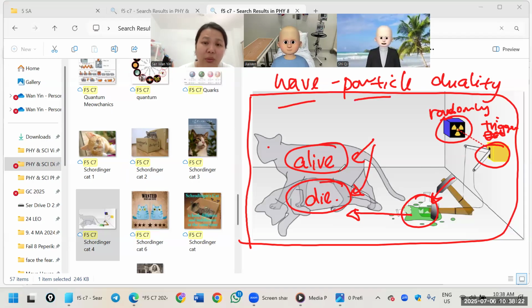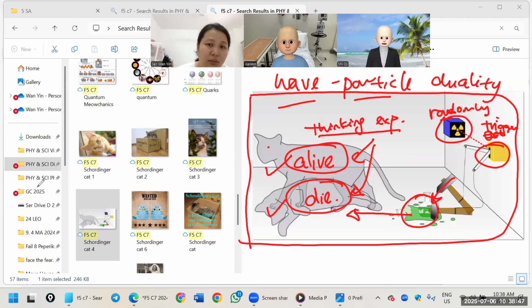Or we say when the cat is alive, when the cat is dead. It's because you can only detect it when you open the box. Oh, alive. Oh no, dead. By the way, this is a thought experiment. No cat was killed in this experiment. Okay.